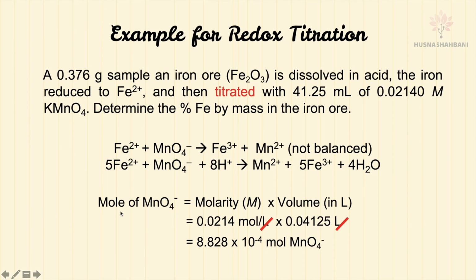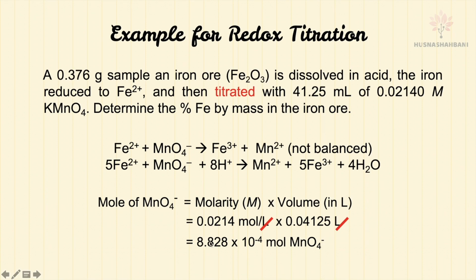The number of moles of MnO4-, because we have the volume and the molarity of KMnO4. We don't have the KMnO4 in this equation, but KMnO4 represents MnO4-. So the number of moles that we can get from the molarity and the volume of KMnO4 is the same as the number of moles of MnO4-.